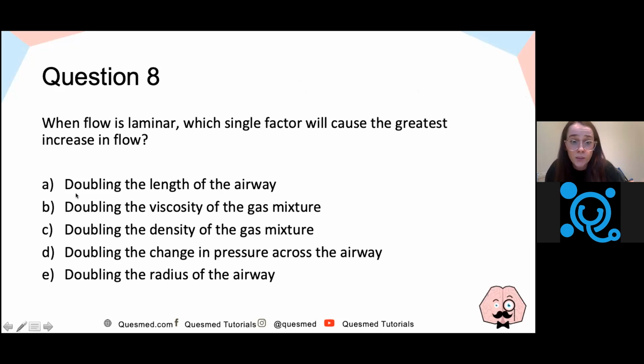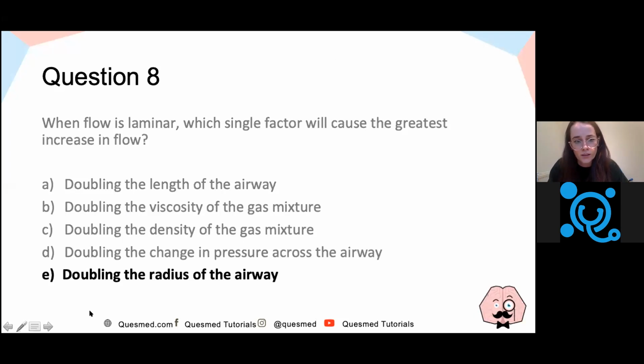Is it A, doubling the length of the airway, B, doubling the viscosity of the gas mixture, C, doubling the density of the gas mixture, D, doubling the changes in pressure across the airway, or E, doubling the radius of the airway? Fantastic. So we've got 62% saying doubling the radius of the airway, and that is in fact the correct answer.